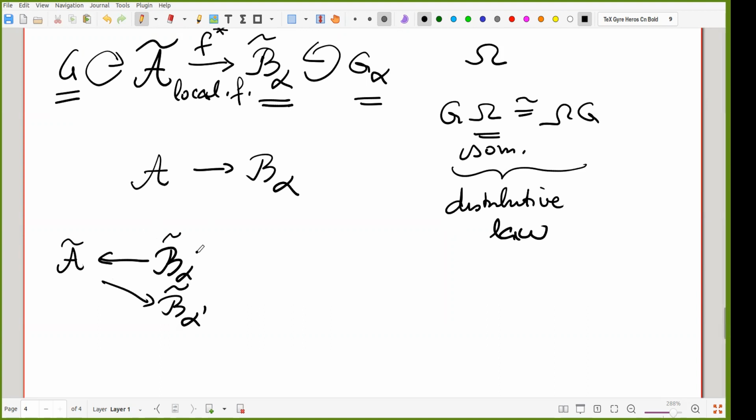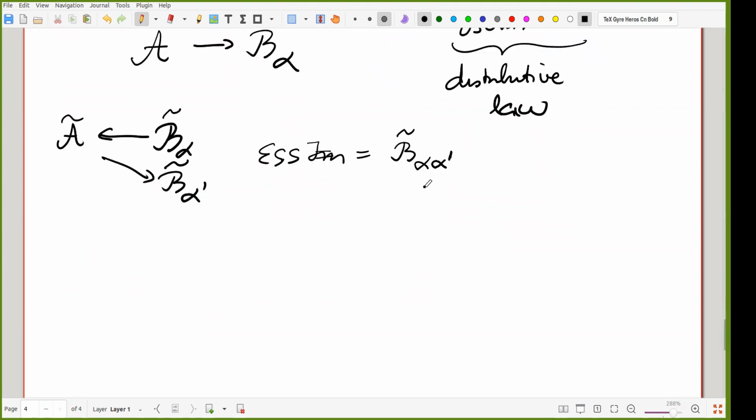Now, if you look at the essential image of this composition, it will be some B alpha, and then one more time restricted, localized to alpha prime.